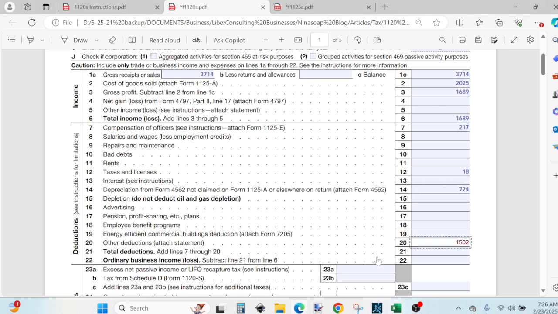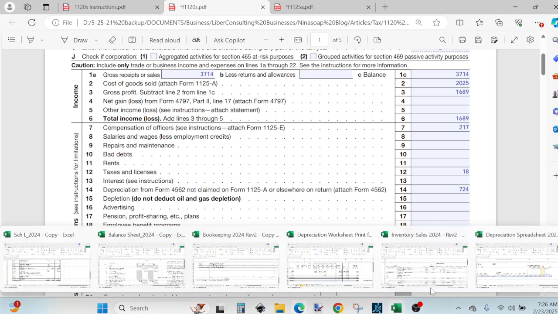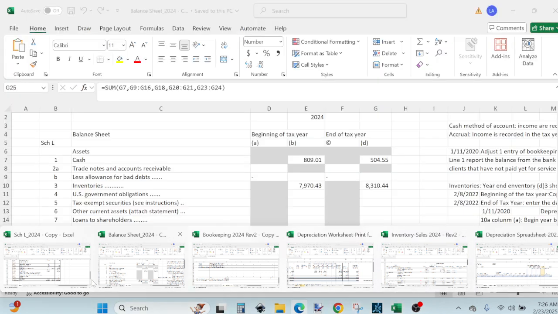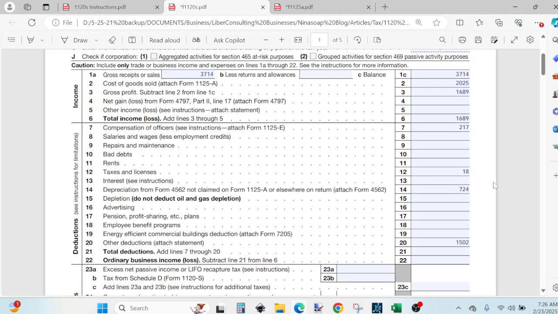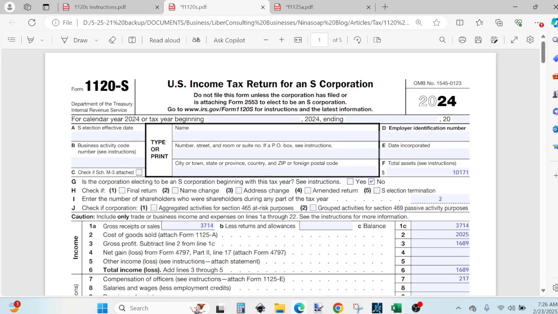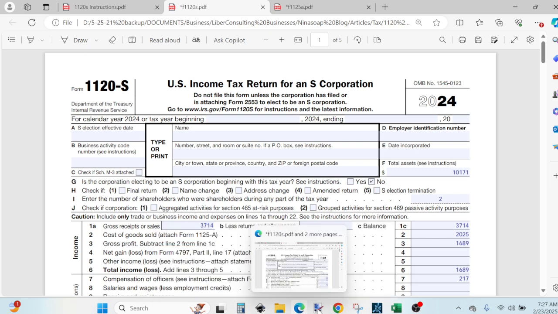When you add 1502, you'll want to add an attachment showing what that 1502 is, and that's where the breakdown is to total 1502. But again, because we chose not to group activities, if you go back up a little bit, we chose not to group activities. Therefore, it is a good idea.